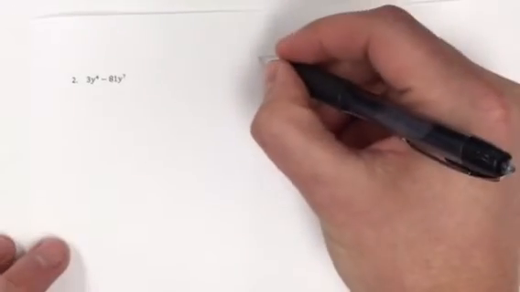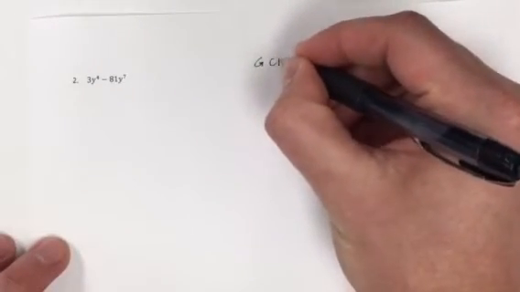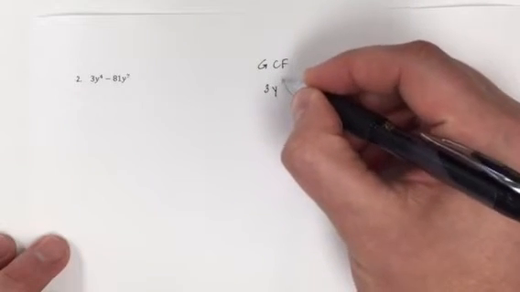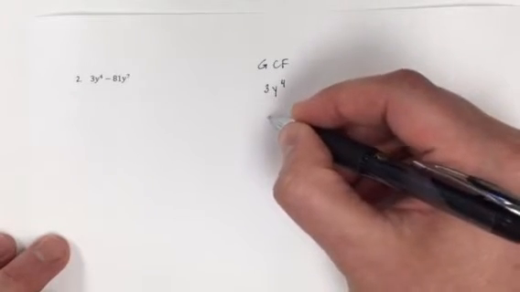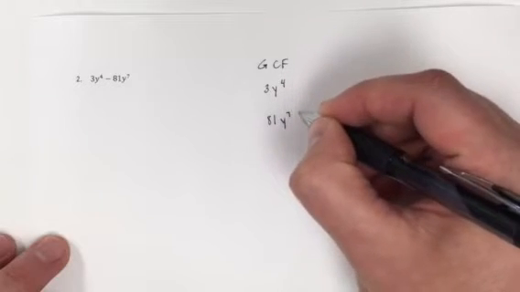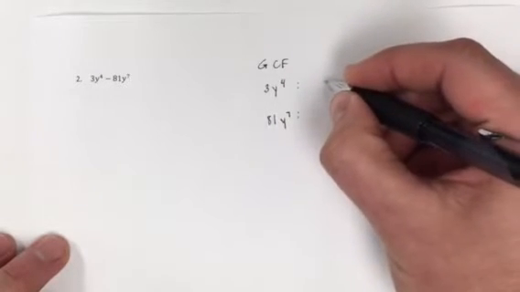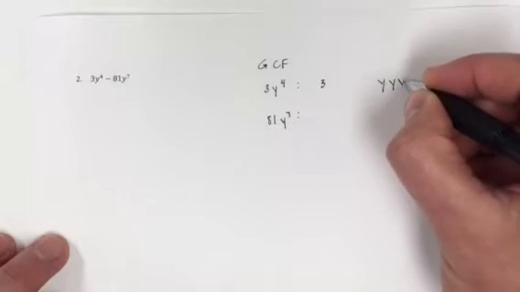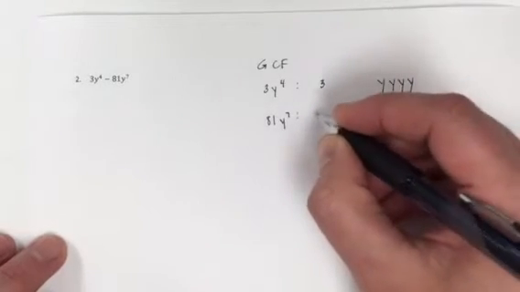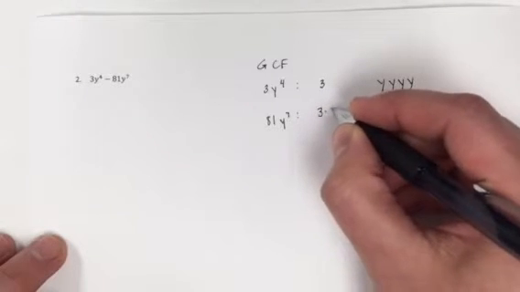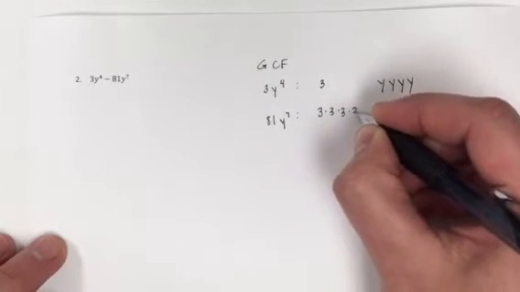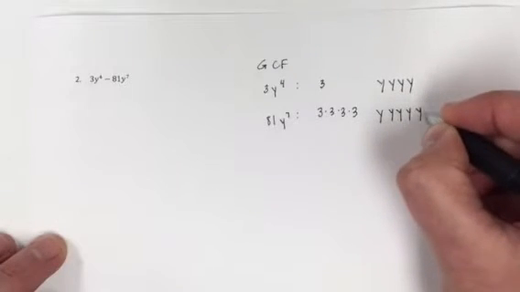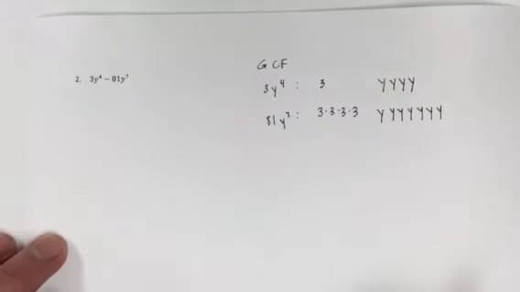But again, we're going to have all of our side work trying to figure out the greatest common factor. I noticed that the first term is 3y to the 4th. The next term is 81y to the 7th. If I break this down, that's 3y times y times y times y, where 81 is 3 times 3 times 3 times 3, y times y times y times y times y times y times y.